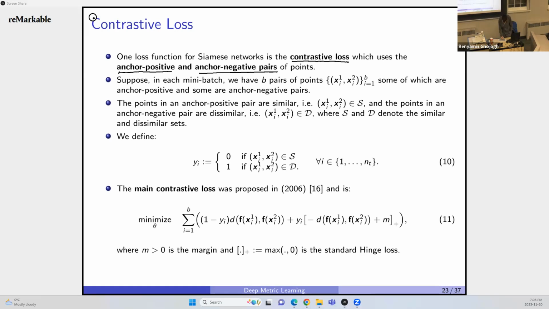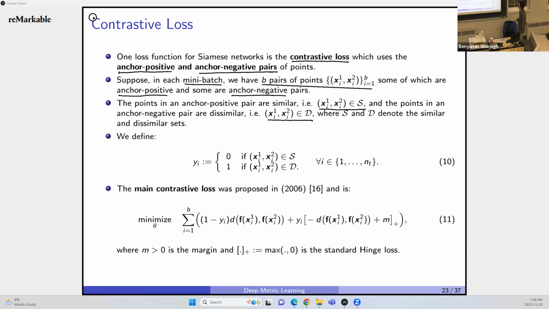Suppose in each mini-batch we have B pairs of points. So basically, I'm assuming that my mini-batch size is 2B, where I have B pairs of points, x_i1 and x_i2. Some of which are anchor-positive and some of them are anchor-negative pairs. The points in an anchor-positive pair are similar, of course, and the points in an anchor-negative pair are dissimilar.